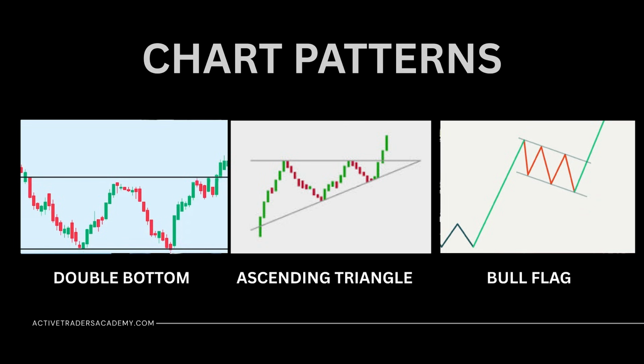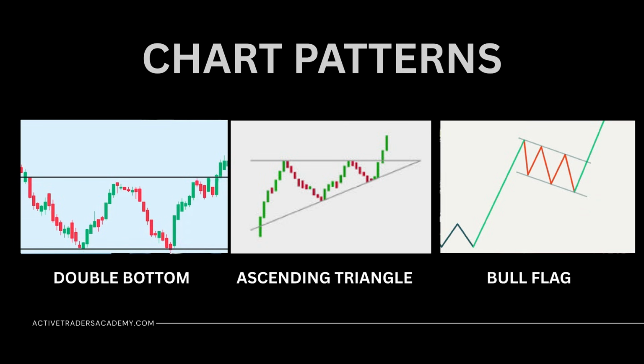You want confirmation. The ascending triangle, which Sanjay was talking about: every time it goes up, it retraces, but it doesn't retrace as low as the previous level. Every time it goes lower, it doesn't go lower than the previous low, and then suddenly, as I said, buyers come in and push it up.